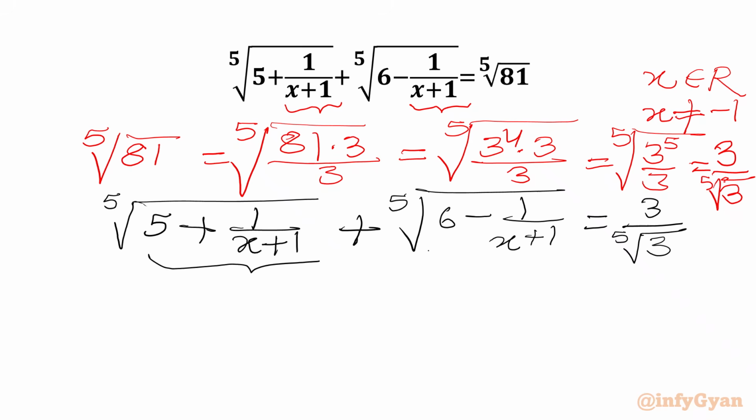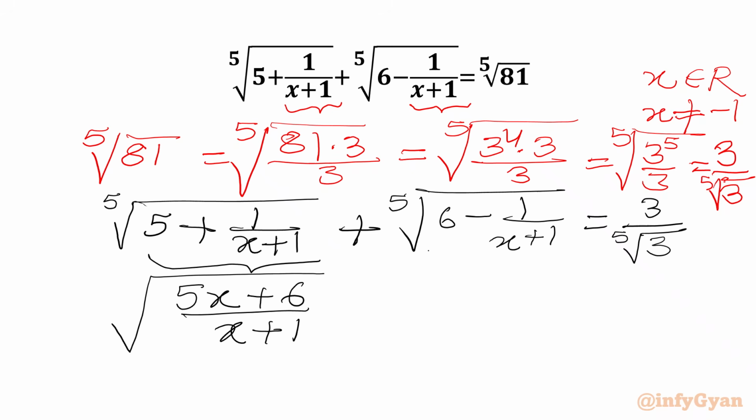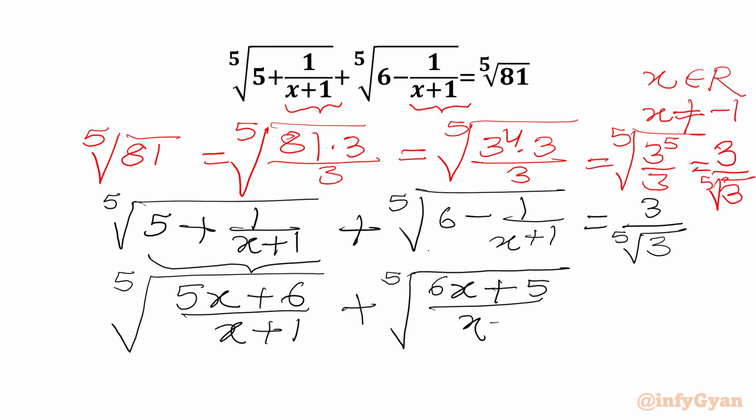So here we will get 5x plus 5 plus 1, 5x plus 6 in the numerator and x plus 1 in the denominator. Here we will write fifth root plus fifth root of 6x plus 6 minus 1, so 6x plus 5 over x plus 1 will be equal to 3 over fifth root of 3.